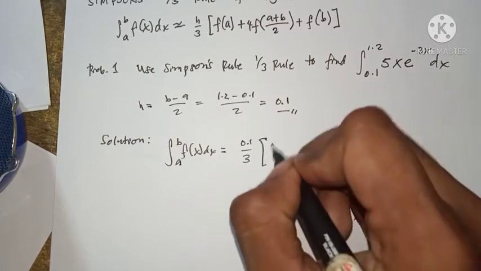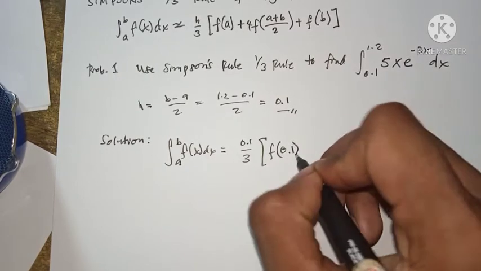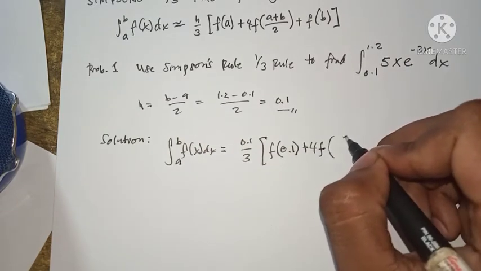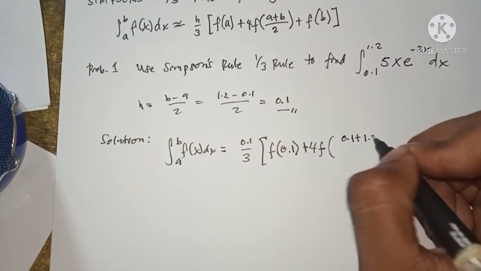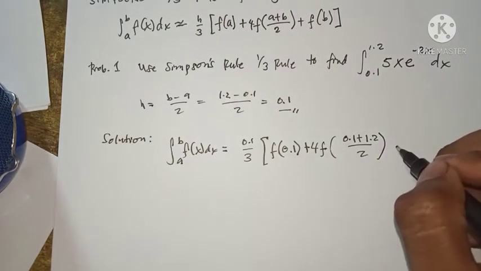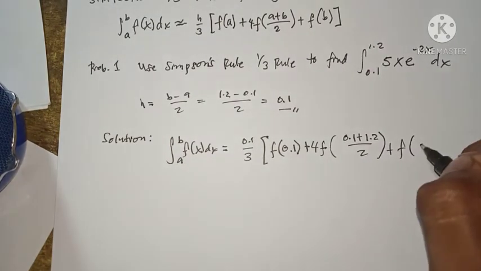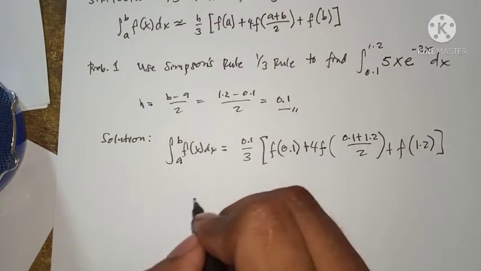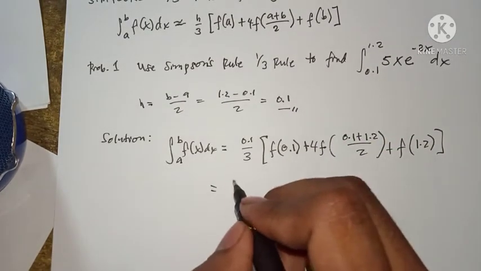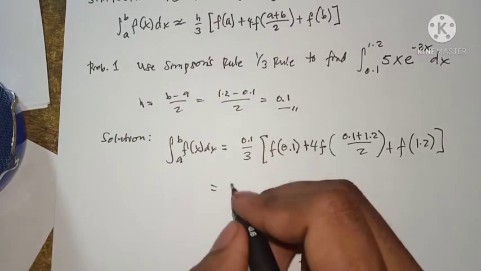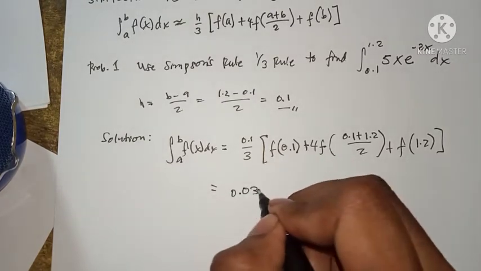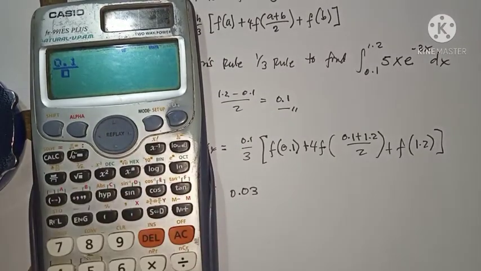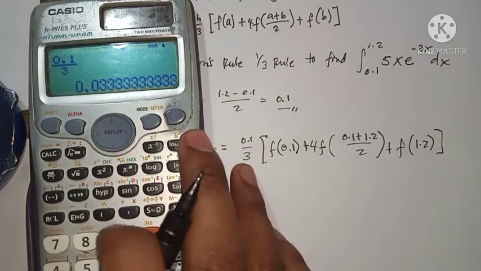Let's substitute the values. f(a) is 0.1, plus 4 f((a+b)/2), which is (0.1 plus 1.2) over 2, plus f(b), which is 1.2. Okay, 0.1 divided by 3 is 0.03.